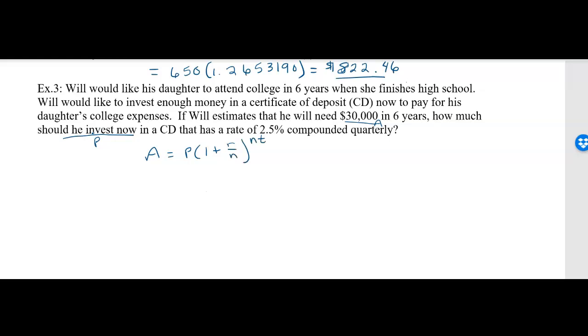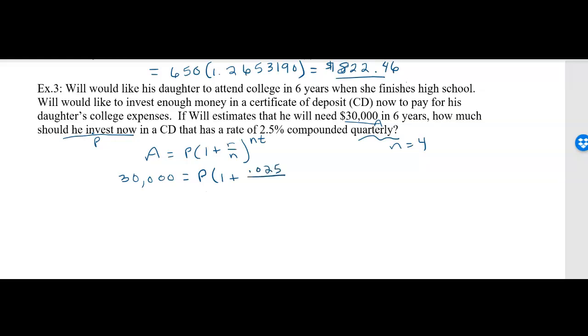Okay, this time we have A. He wants the total amount to be $30,000. He wants to know how much needs to be invested quarterly. Okay, there's our other keyword here. Quarterly, that means N equals 4, right? 4 times a year. 1 plus our rate, 0.025.